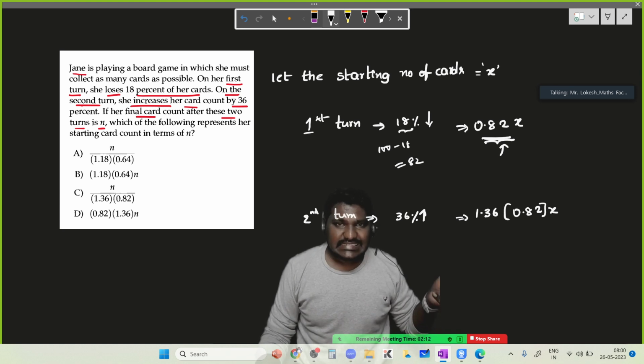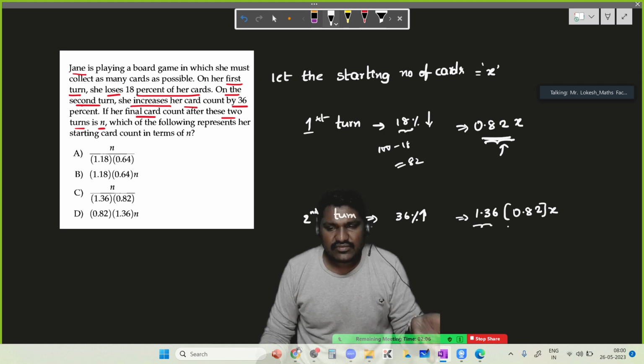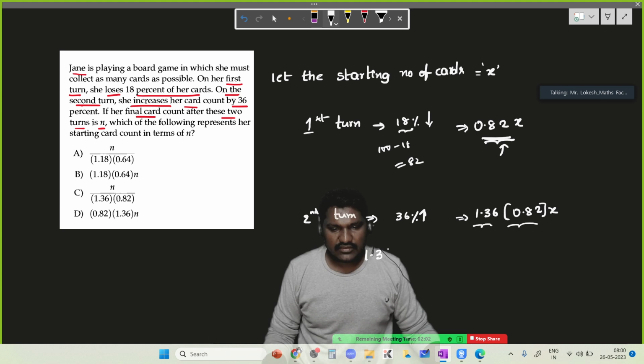So that 36% will be based on her first round. So the increase means 1.36 times 0.82x. Now this is equal to n.